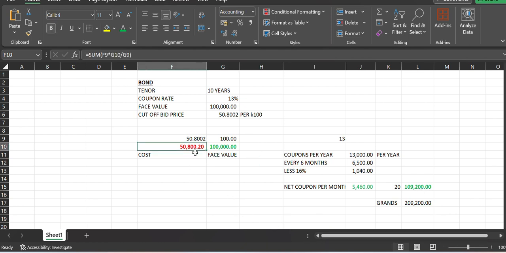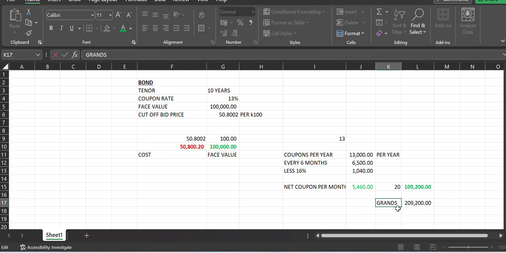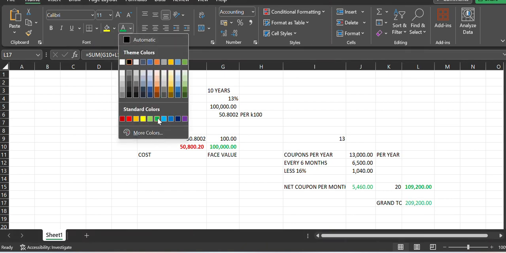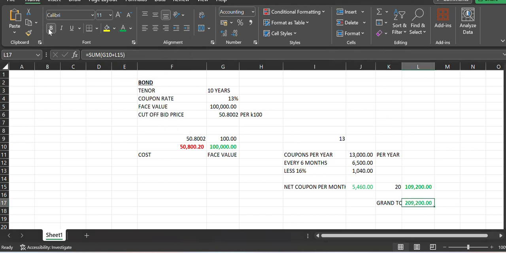So you invest 50,800, and after 10 years, the amount that you'll have gotten from this bond, if you don't reinvest, you just get this money and use it for something else, what you will get from this bond is 209,200 kwacha, no less than this amount.